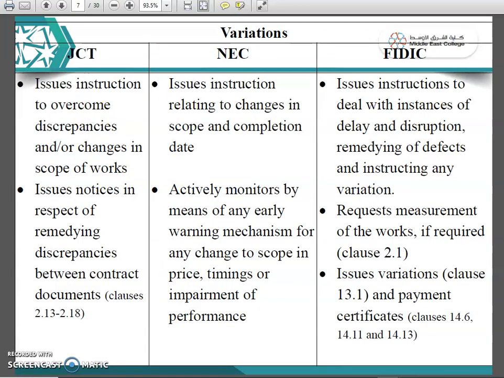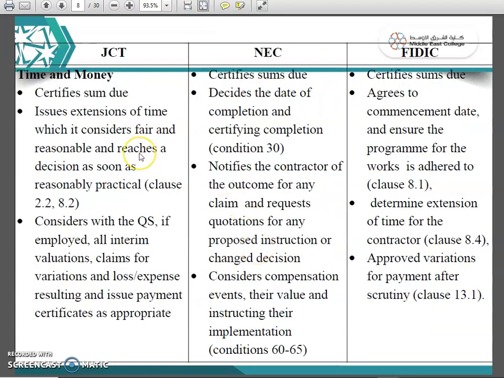This is how the variations are mentioned in these contracts. These are only for your reference, for when you become an engineer and are dealing with various types of contracts, in any of these situations. These will help you to understand or select which type of contract is required.